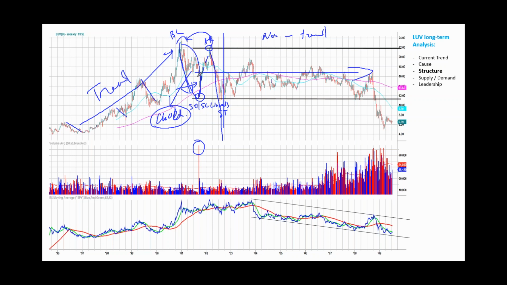But the change of character is a very simplistic, basic concept. Still, I find that a lot of traders and students who come to us either don't know about this, don't use it, or use it incorrectly. So I would definitely recommend looking into this.